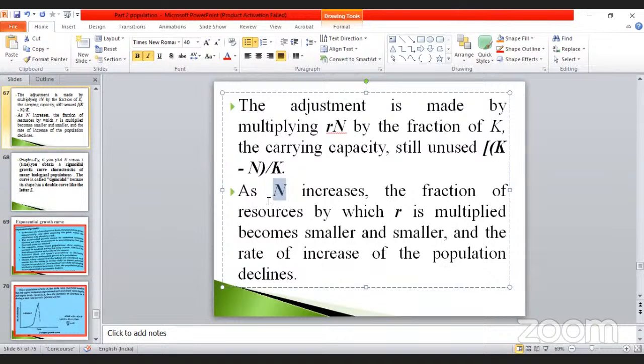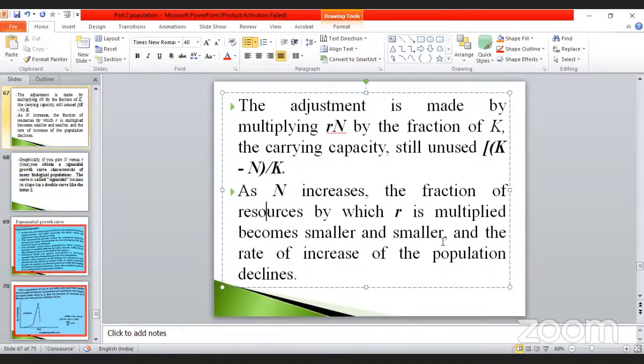Suppose the number of the population increases, then resources automatically decrease. As a result, the population also declines. That is what the graphical representation expresses. When resources increase, the population increases. When the population increases, the resources automatically decrease.